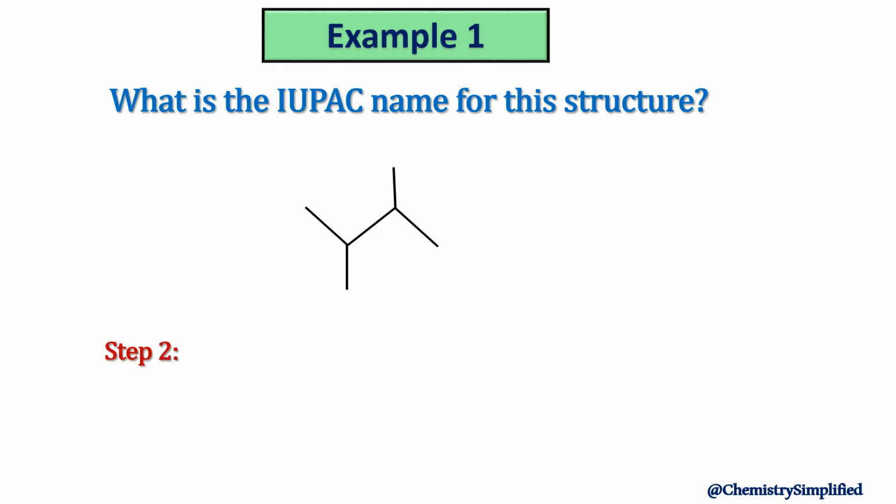Step number 2 is to number the longest chain. So number 1, number 2, number 3, and number 4. 4 carbons is butane. Remember, we could always number from left to right or right to left.